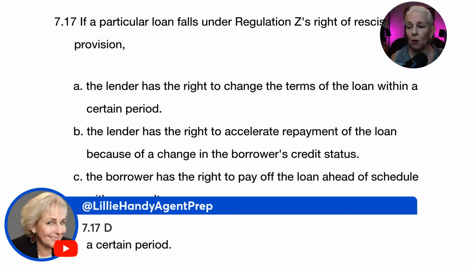So the borrower has a limited time to cancel a transaction within a certain period, usually within 3 days of completion of the transaction. The right of rescission does not apply to residential mortgage transactions, that is, to mortgage loans used to finance the purchase or construction of the borrower's primary residence.